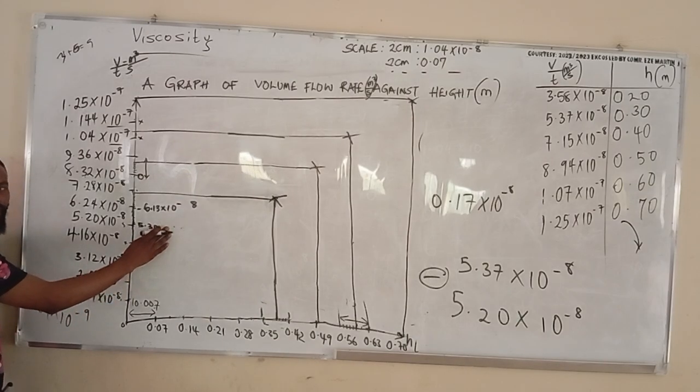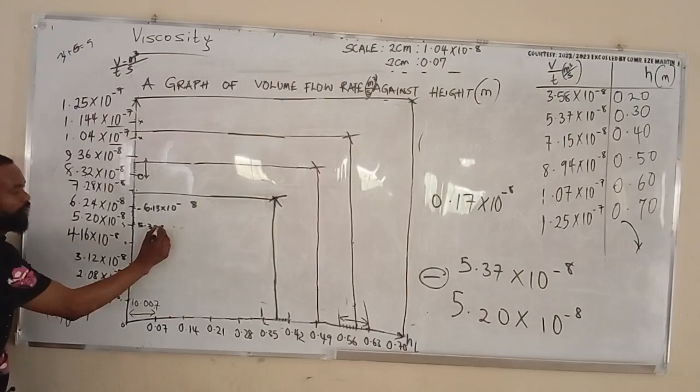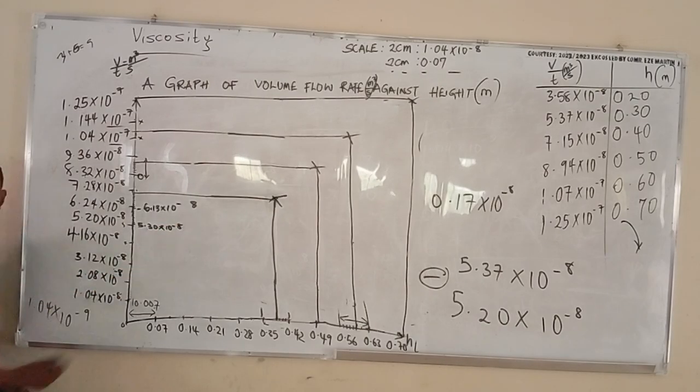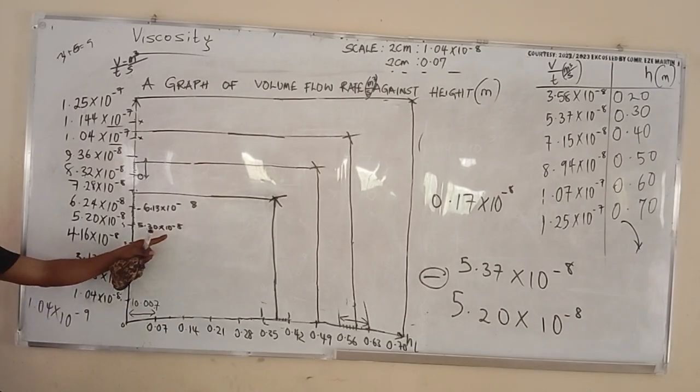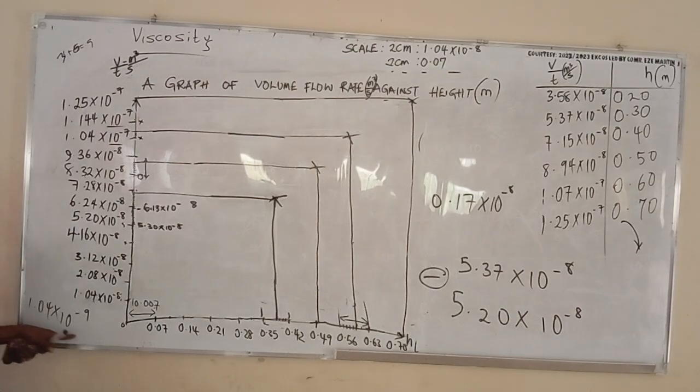That is 5.37 now. We're using 2 decimal places. If an examiner, very wicked, wants to punish you, maybe you make a mistake, you are using 2 decimal places, you can use 3 decimal places. You know it's wrong. Once you're using a decimal point, that's what you do. Yes. Do for me 5.30 times 10 raised to minus 8 plus 1.74 times 10 raised to minus 9. 5 points.